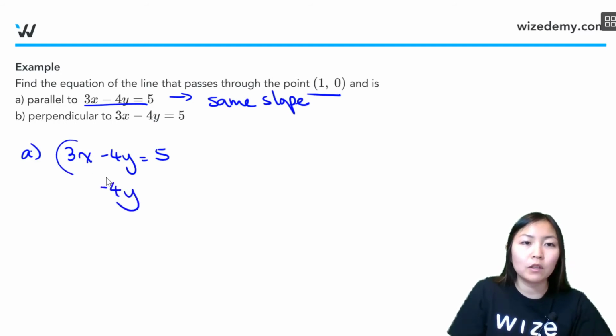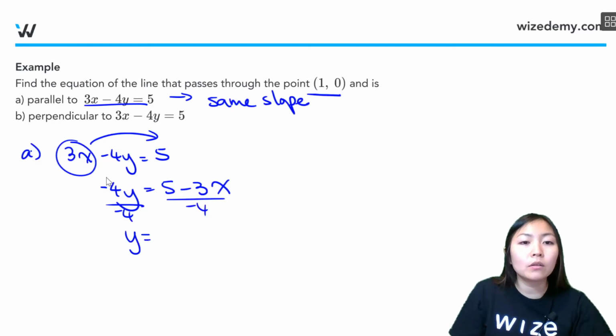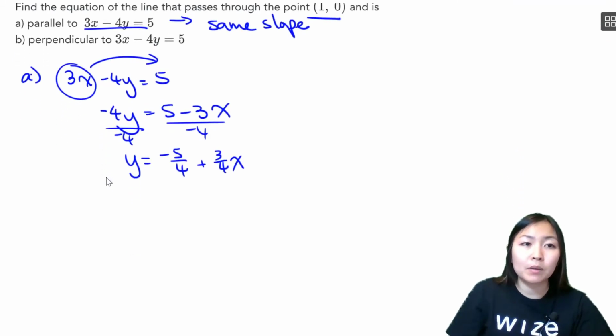First I move the 3x over, meaning I subtract 3x. Then I divide both sides by negative 4. So I get y equals negative 5 over 4, two negatives make a positive, 3 over 4 x. So y equals mx plus b, meaning my slope is the number in front of x. It's a positive 3 over 4.